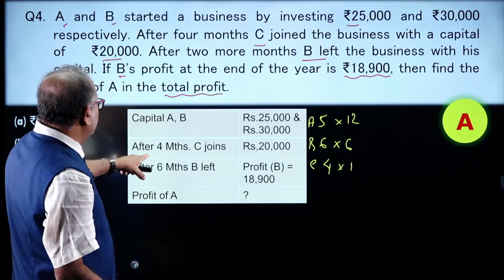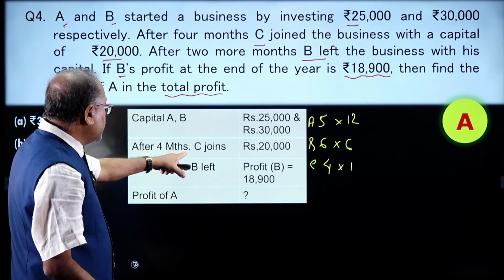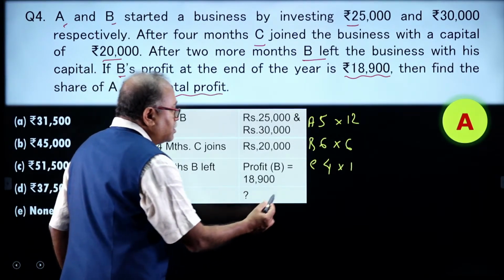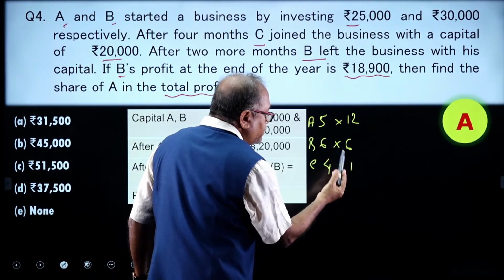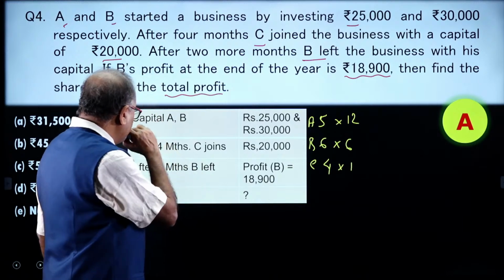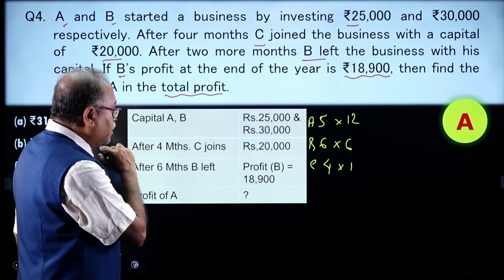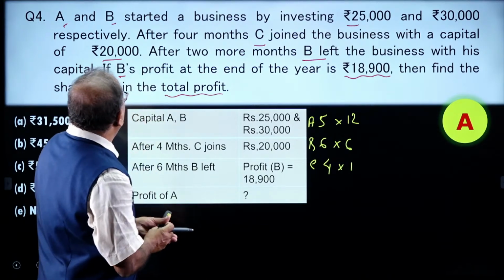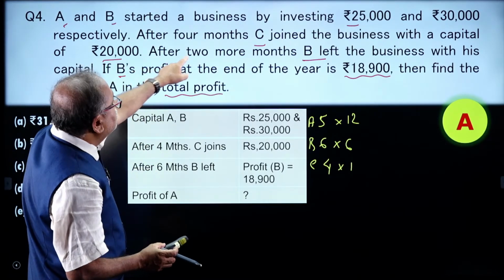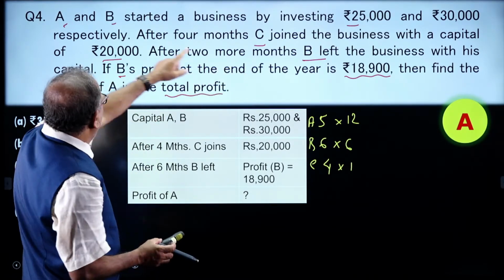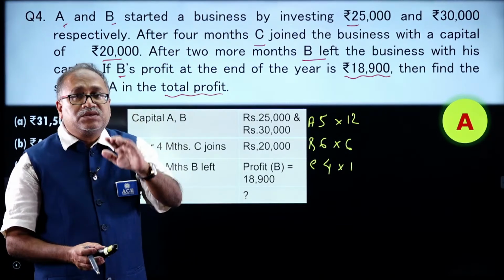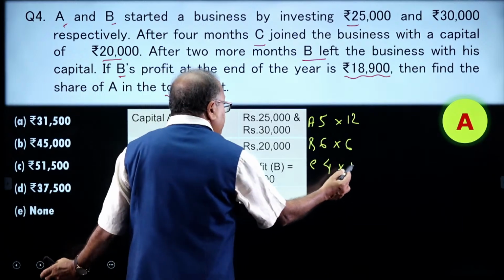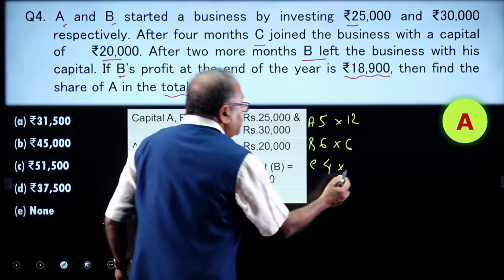C joined after 4 months, so C's number of months will be considered as 4. Am I right? It should be 8 months: C joined after 4 months, that means he was in the business for 8 months. So let us multiply this by 8.